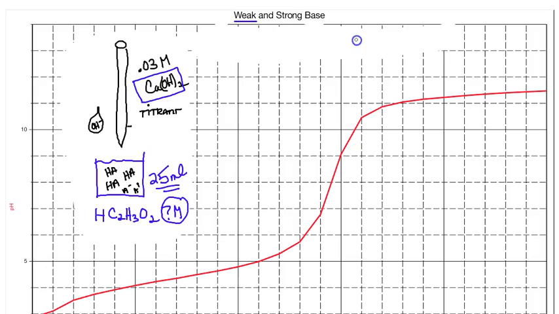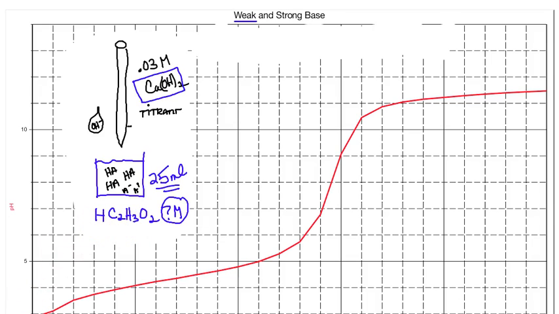So I'm going to white out some stuff here. What I'm going to do is start with my acid. As we can see, the acid is acetic acid, and it's a weak acid, so there's a small amount of this acid that actually gets dissociated.